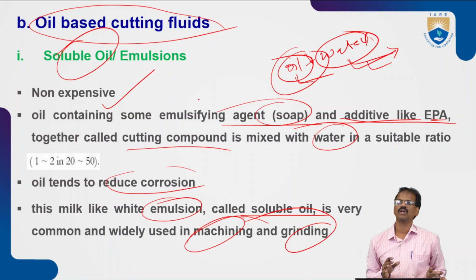The oil reduces the corrosion, and water takes the heat from the workpiece or cutting tool. So oil and water, this is called soluble oil. Soluble oil is a very common cutting fluid in our industries.